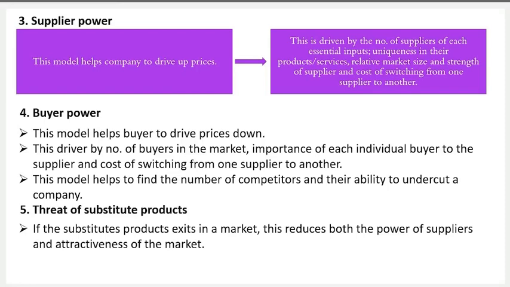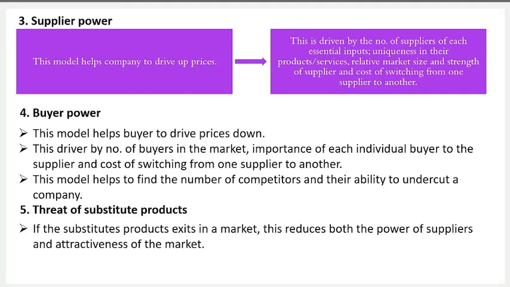For example, Tata Steel is supplying their product to 20 customers, and of those 20 customers, 15 customers are buying only 10 to 20%, but the remaining 5 customers are buying 80 to 90% of their steel. So they will check the importance, like how important that customer is to their business. If they are buying in a small quantity, then they can switch, and then the cost of switching is less.